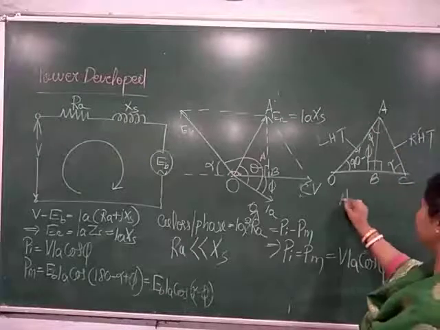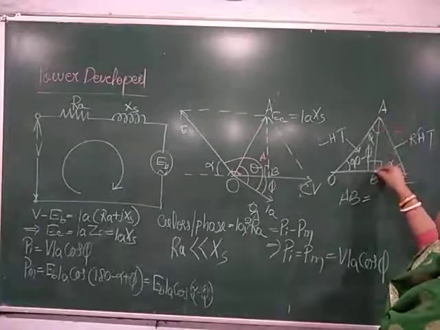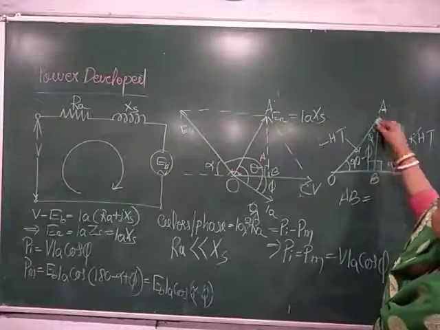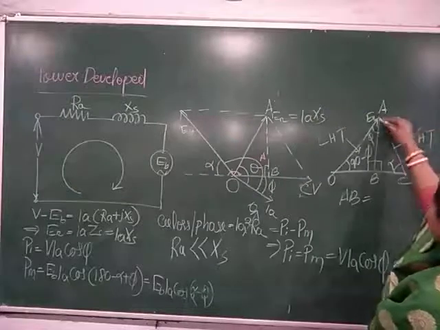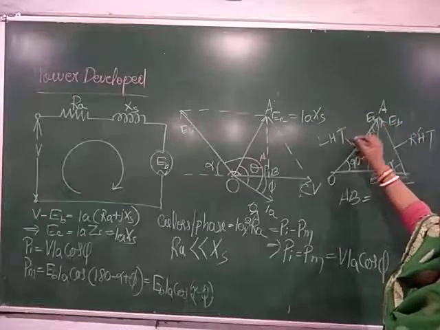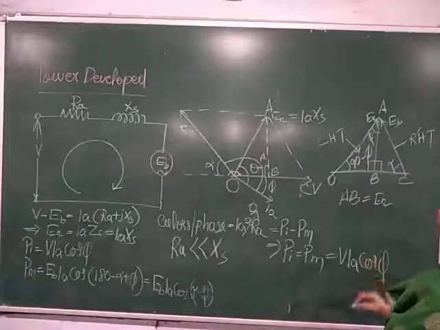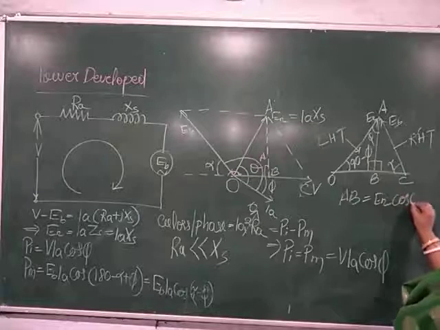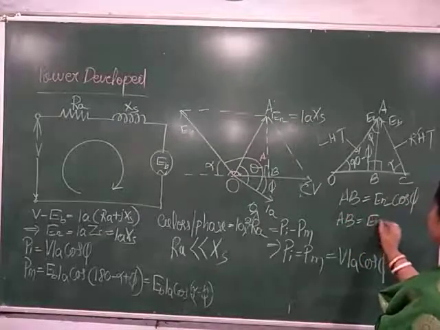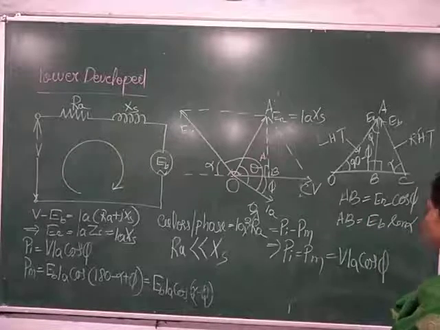So here you get AB: for the left hand side triangle this part is Er cos phi, and for the right hand side triangle it is Eb sin alpha.